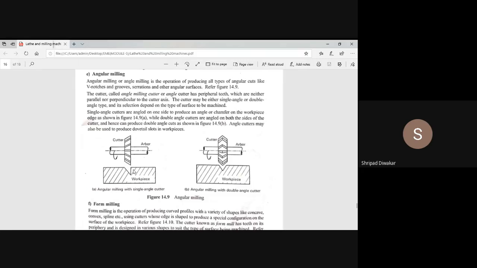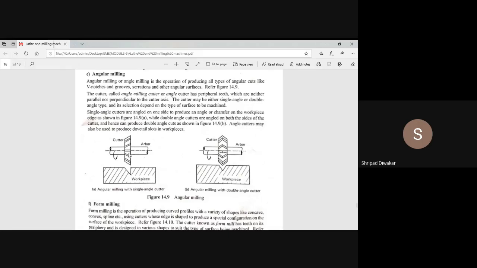This sketch indicates angular milling with a single angle cutter. You see the difference between the tools. Here it is only a single angle, and here a double angle. This angle is present on both sides, while here the angle is present on one side. That's why it is called the single angle cutter.